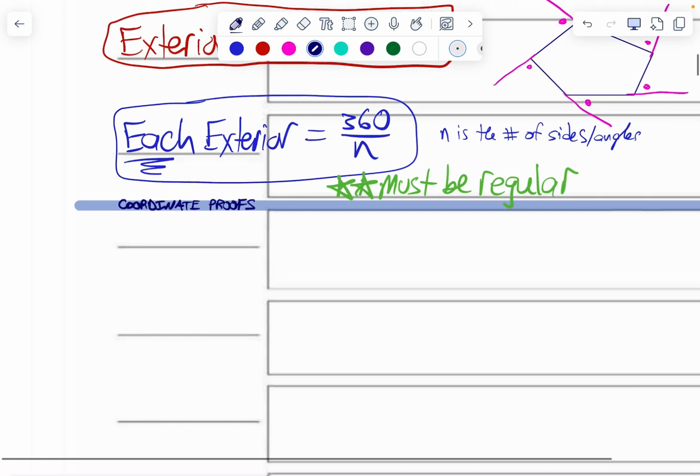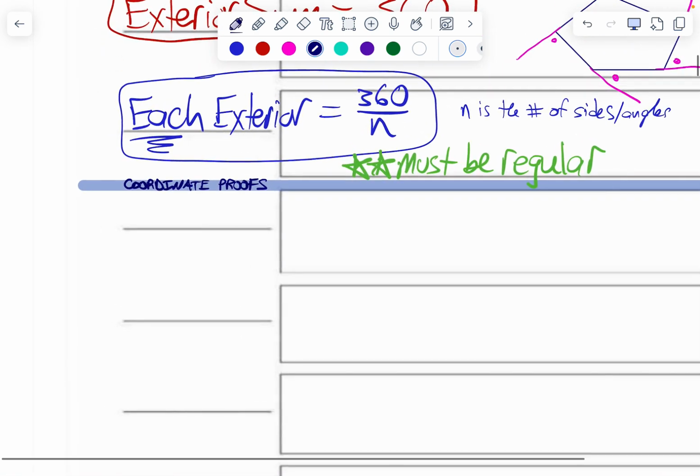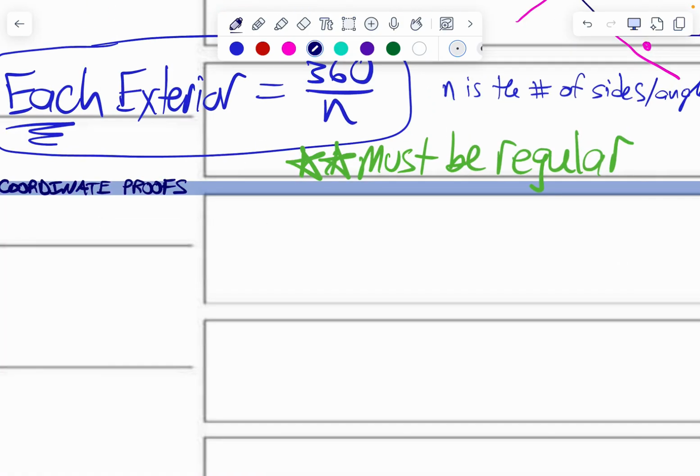Okay. Now we have the slope formula written down below. We're going to use it for this a couple times.